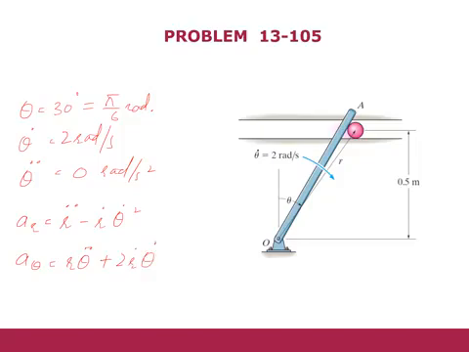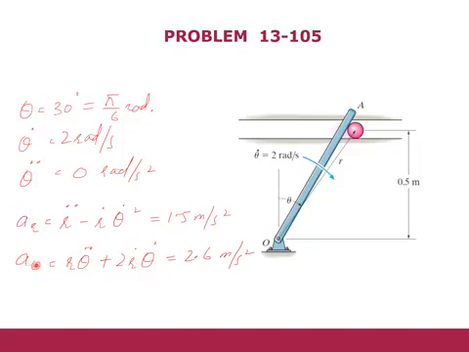You can put the values in it, and you will get 1.5 meters per second square. Similarly, we have 2.6 meters per second square. So we have the values of a_r and a_theta.